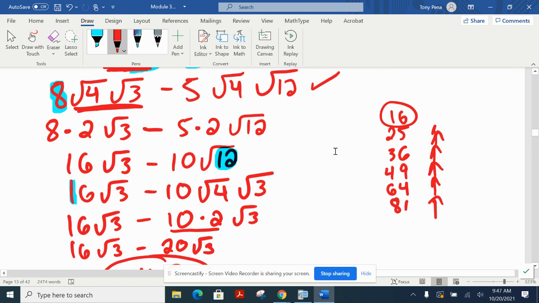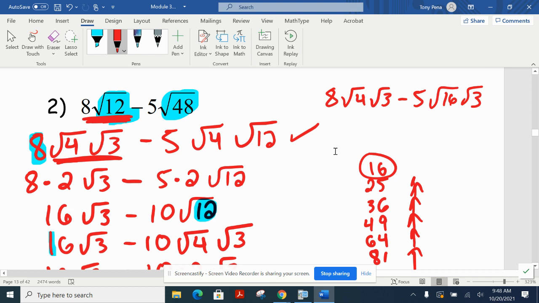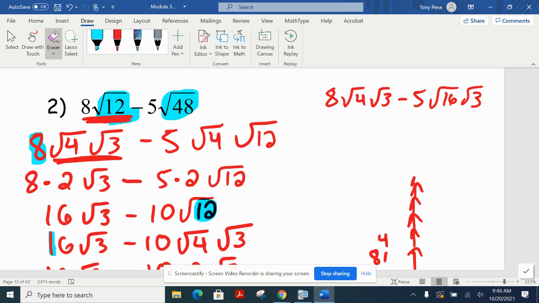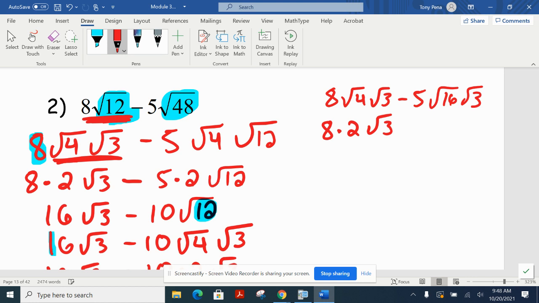Okay. So ideally, if we can get the biggest number, it's going to make your work a little bit easier. So Maddie gave us 16 and 3. Watch how this one now plays out. So let me get rid of these so I have a little room to operate. This would be 8 times 2 root 3. That's our 16 root 3 that we kept getting over here.